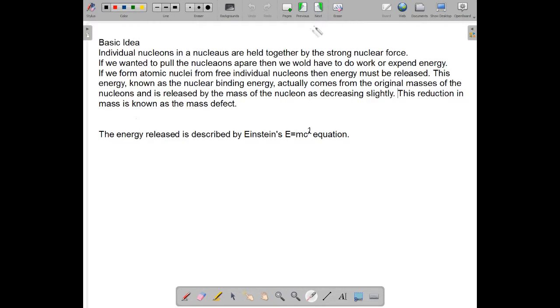So we start off with a basic idea: if you took individual nucleons in a nucleus and looked at the forces holding them together, they're held together by the strong nuclear force.